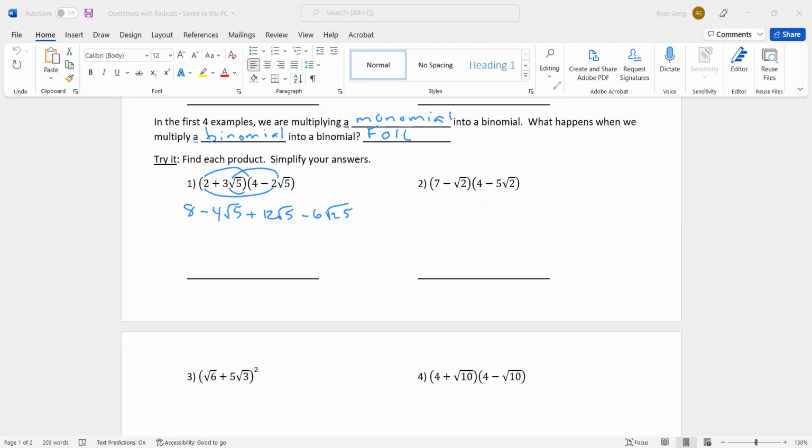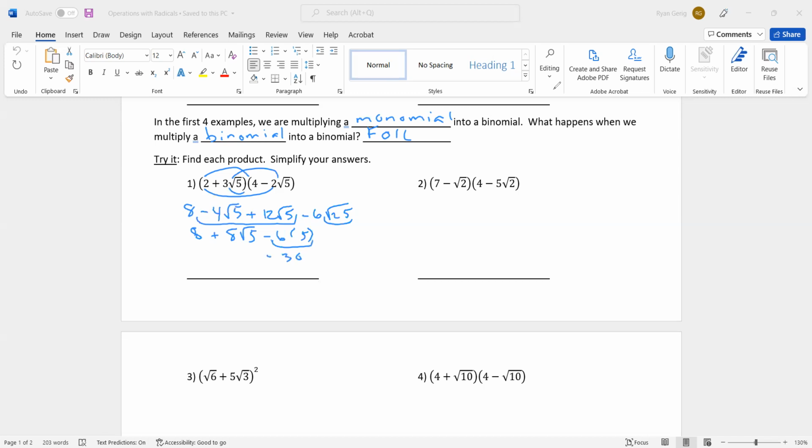Now I combine and simplify. I can combine these to make plus 8 radical 5. Negative 4 plus 12 is plus 8. I can also simplify 25, right? Square root of 25 is 5. Now I can do 6 times 5 and say 30, right?